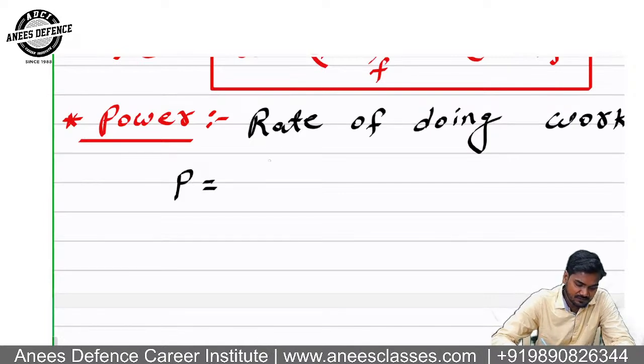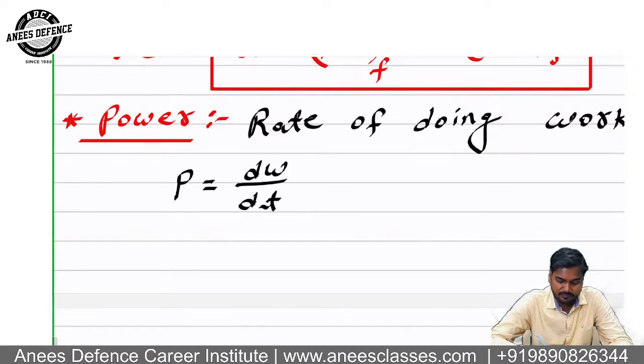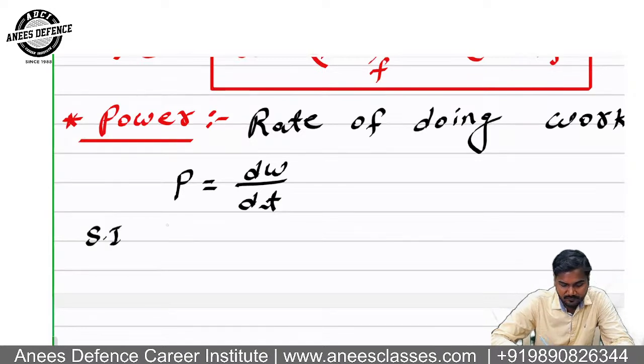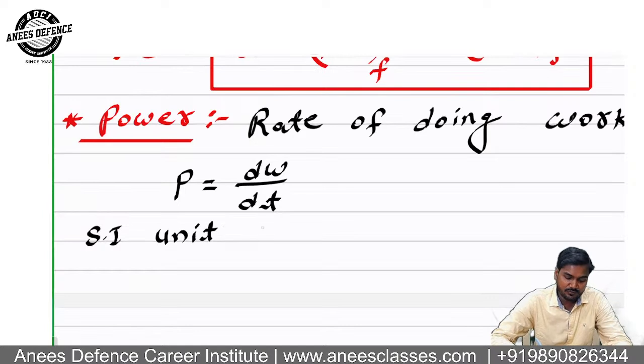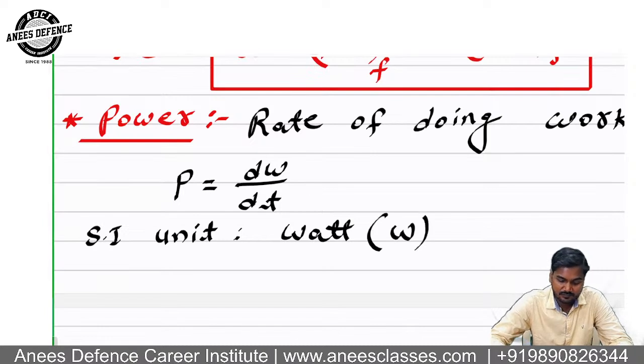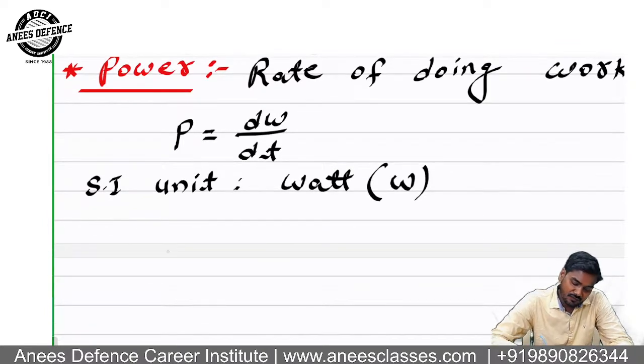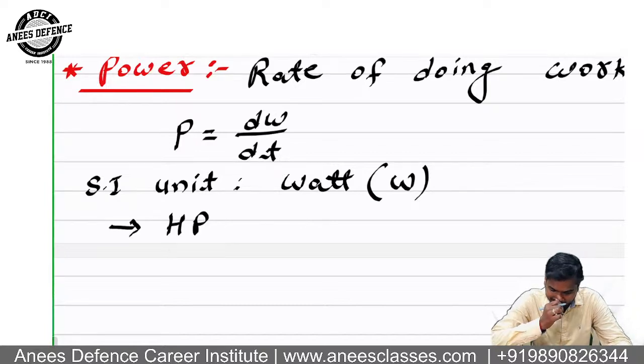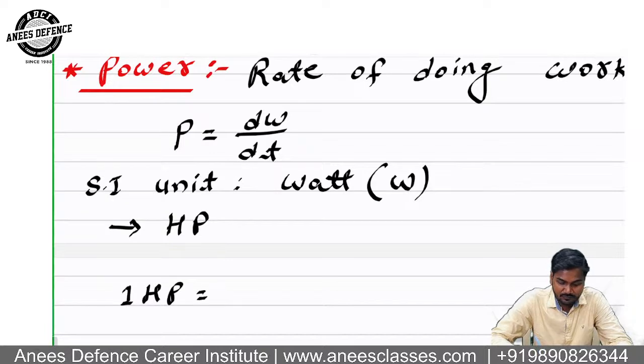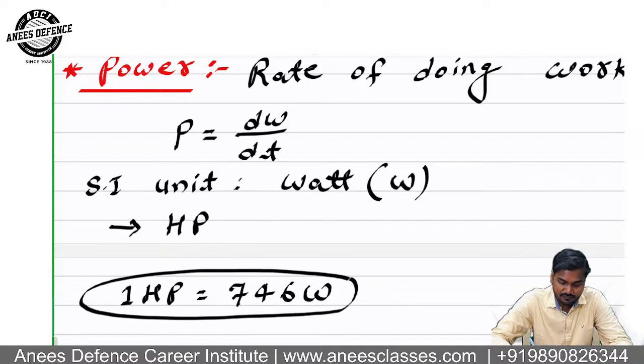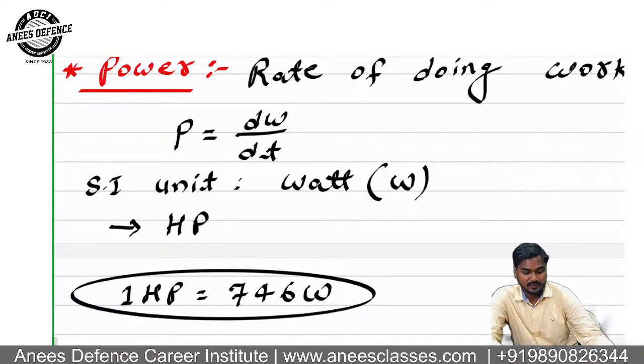Rate of work means dW upon dt. The SI unit of power is watt. Another unit is horsepower, HP, and 1 HP is equal to 746 watt. This is the relation of horsepower and watt.